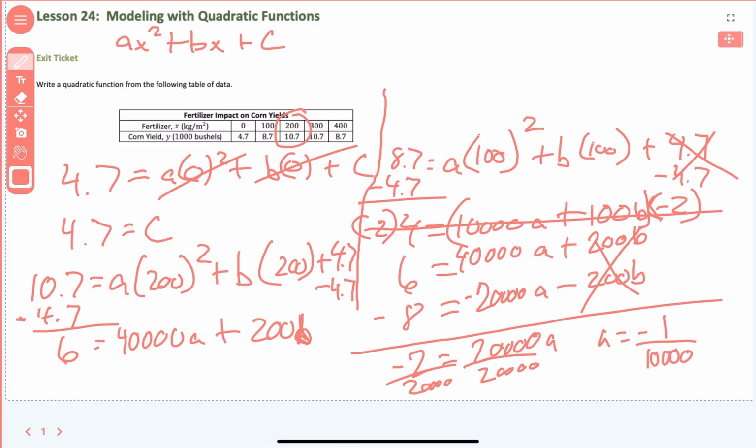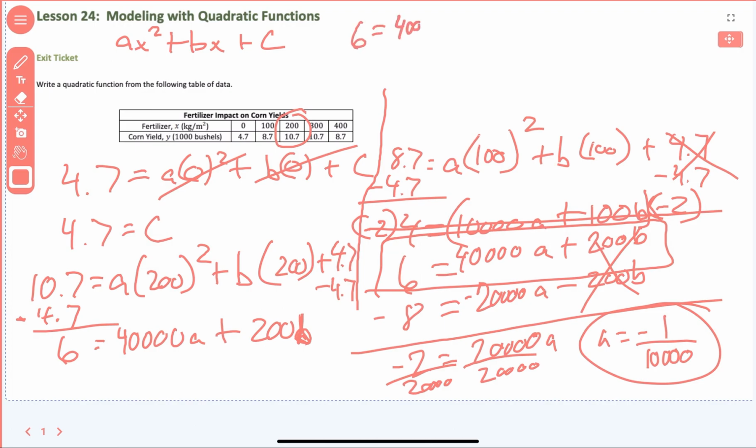So what I'm going to do now is take this A and plug it into this equation here. So 6 is equal to 40,000 times a negative 1 over 10,000 plus 200b. Now what's 40 times a negative 1 over 10,000?